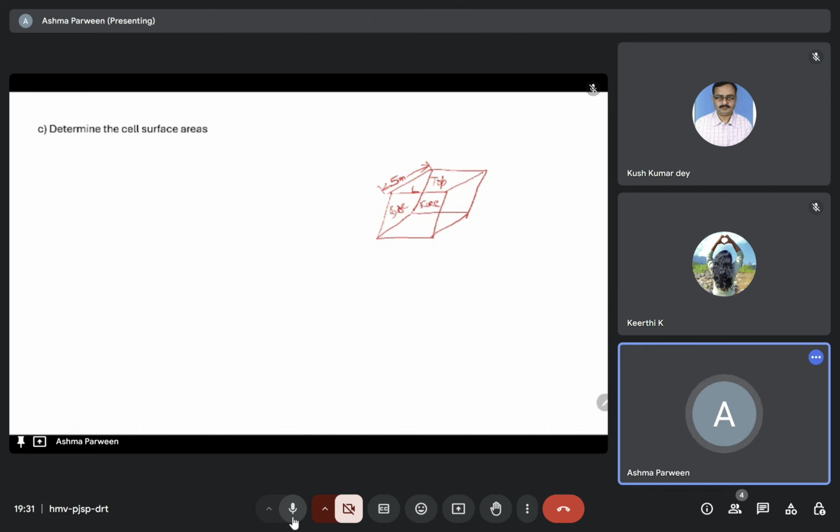Okay, let's find the cell surface area for each.